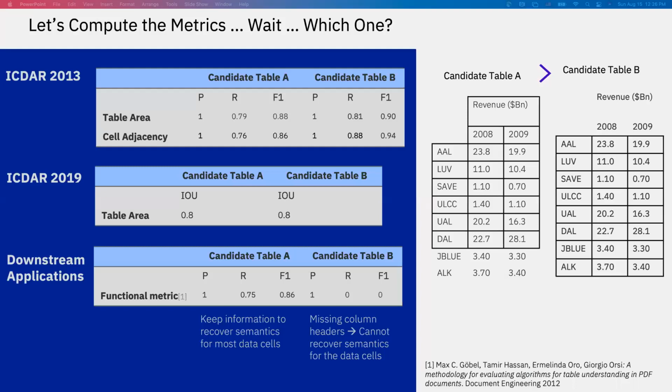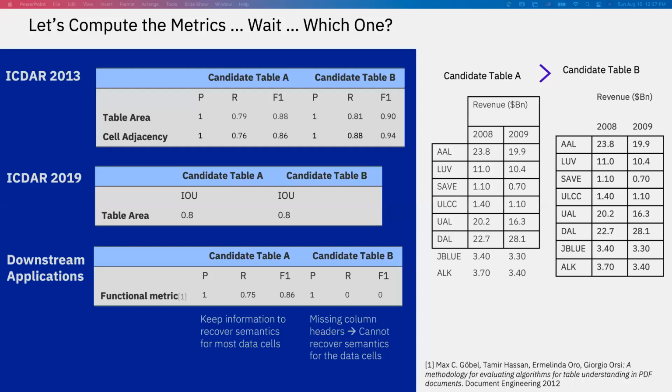Think about semantics in our particular toy example. Given, for example, the number 11.0, what does it mean, right? In order to understand this particular cell, we need to understand this is the revenue number for 2008 in terms of billion, and for stock symbol LUV.